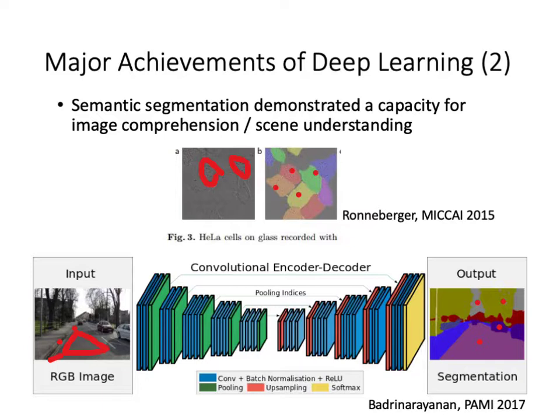And this really was an achievement which demonstrated the ability of deep neural networks to comprehend an image and to understand the scenes in the image, because the deep network is able to provide a label on specific locations within images.